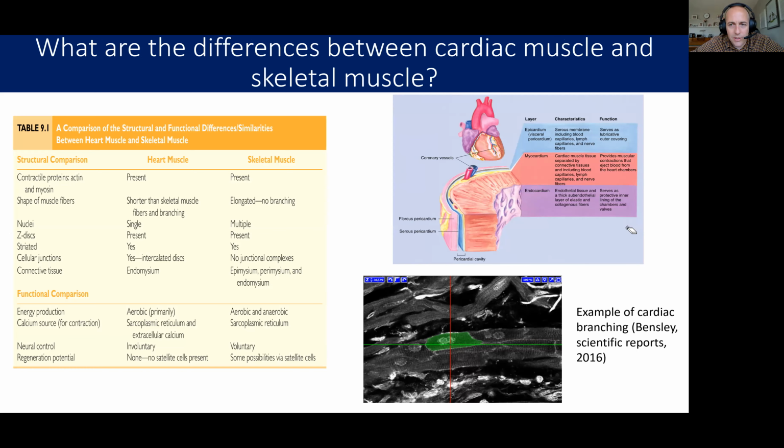So they're not just a single strand, but they have some forking and can interact with multiple fibers. One of the benefits of that is that cardiac muscle also has something called gap junctions. And that means that an action potential generated on one cardiac cell can be transmitted to a neighboring cardiac cell.